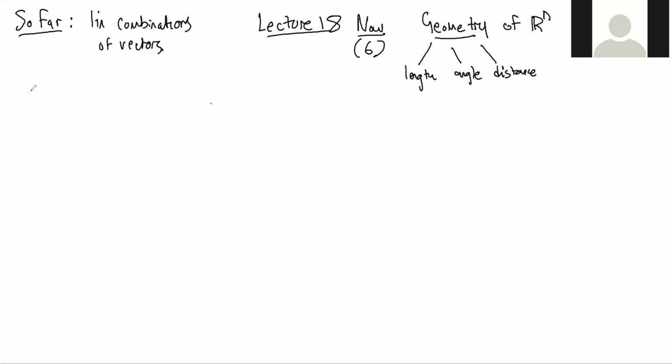And so there are two key new operations on vectors that allow us to define geometry. So the first is the norm.